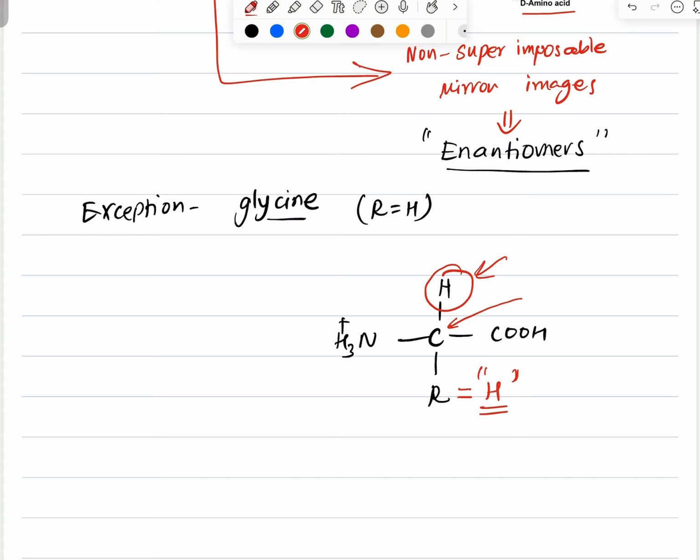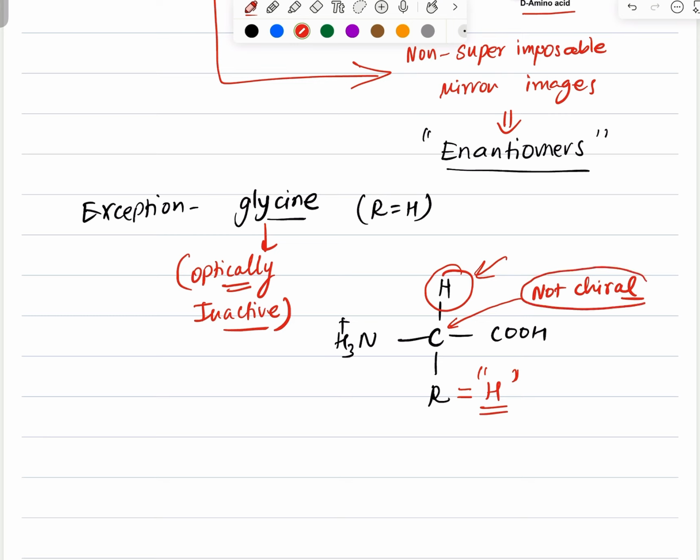So this carbon is no longer chiral. This is not chiral, and this is the only amino acid which is optically inactive. All other amino acids are optically active, which basically means they have a chiral carbon, except glycine, which doesn't have a chiral carbon. This is all for this video.